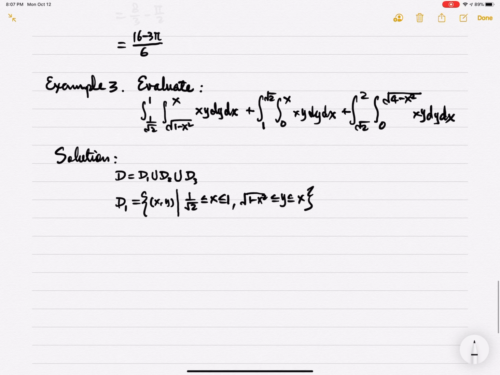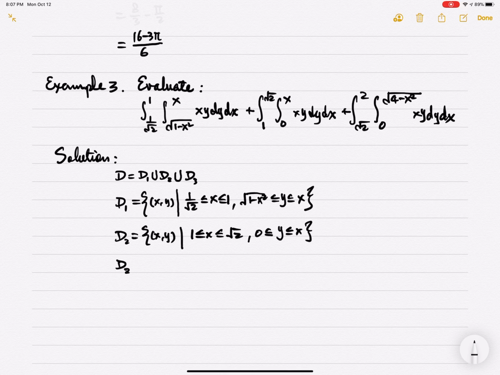Now D2 is, in xy, x between 1 and root 2, and y between 0 and x.